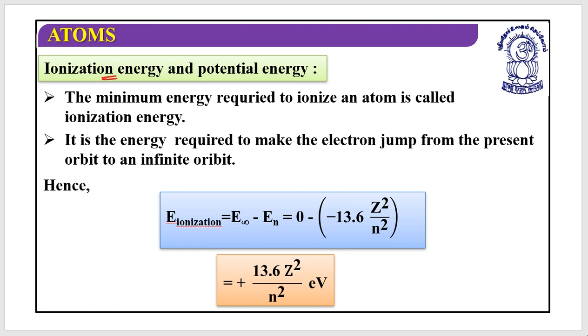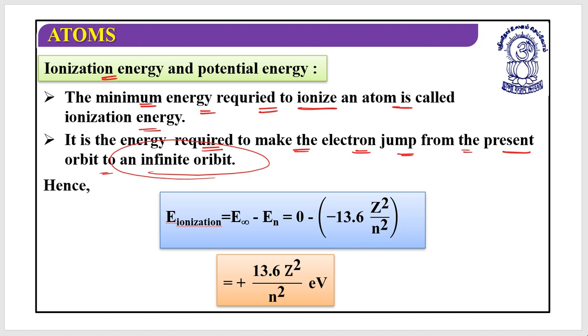So what is ionization energy? It is the minimum energy required to ionize an atom, that we call the ionization energy. It is the energy required to make the electron jump from the present orbit to an infinite orbit.